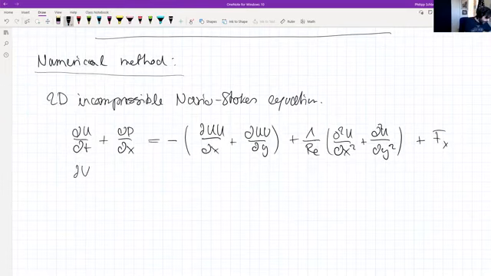Then of course I have the v momentum equation exactly in the same way. I have dv/dt plus dp/dy.